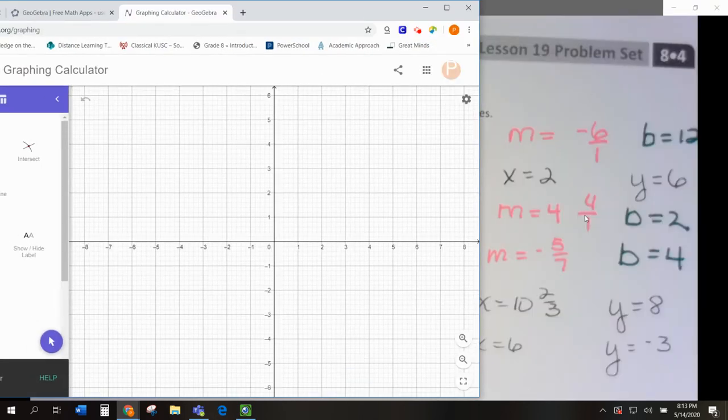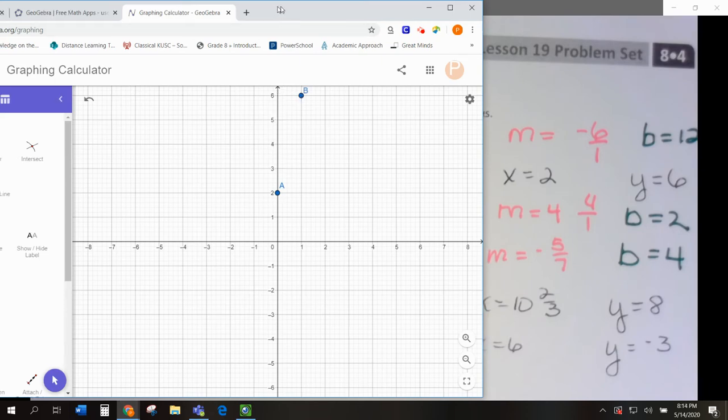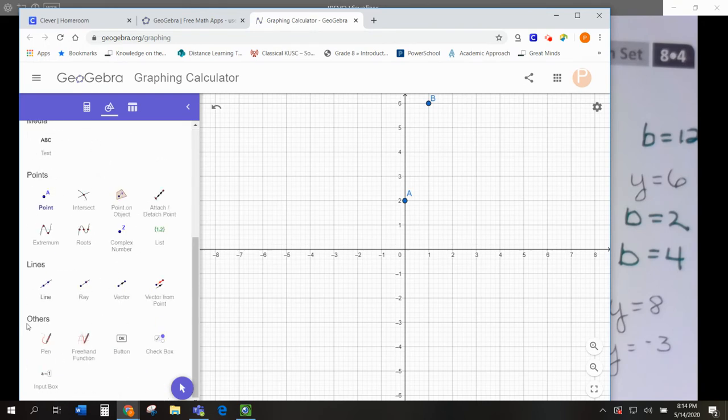So we have our y-intercept of 2. So we've got to put our point here. Slope of 4 over 1. So we're going to go up 4. 1, 2, 3, 4, and over 1. And now we can make a line. And voila. We graphed number 3. Now let's graph number 4.